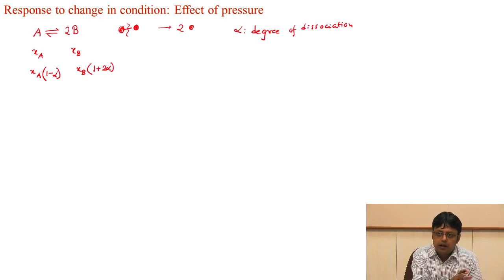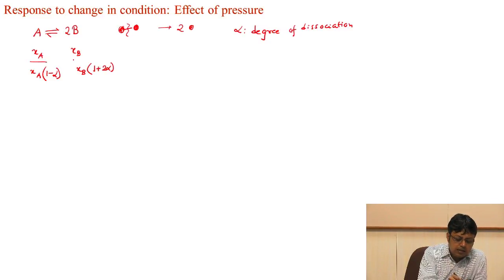Because if alpha is the degree of dissociation, it will be minus alpha for A, but one molecule is giving rise to 2 molecules, so it will be plus 2 alpha for B. We are just using a generalized notation, in the sense that initially it was XA and XB, and at some time we have this much degree of dissociation.